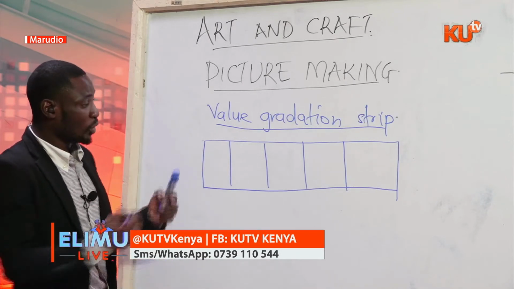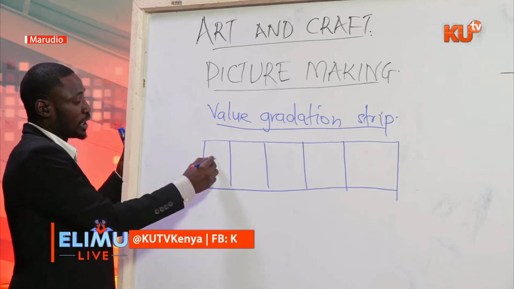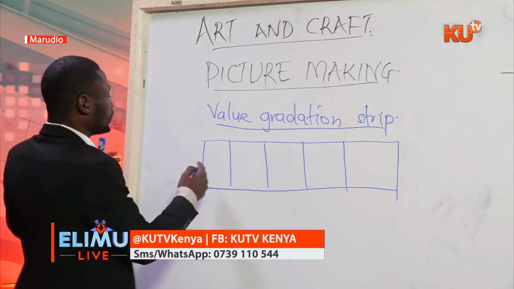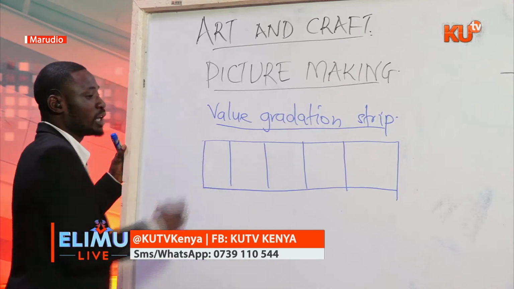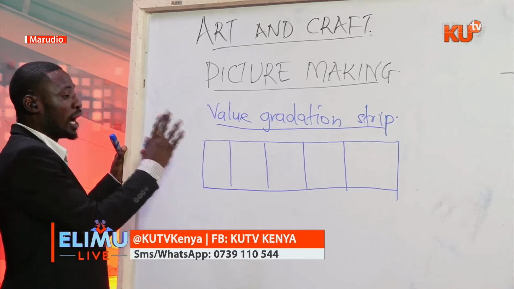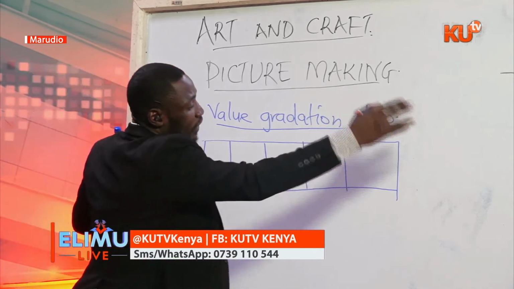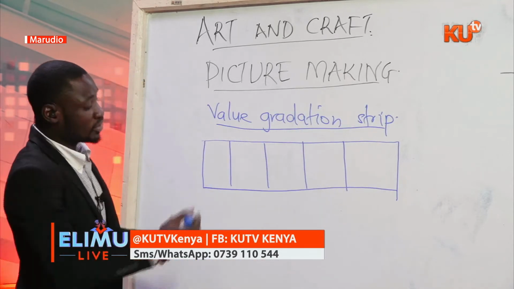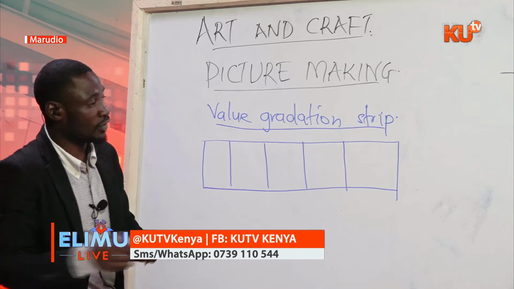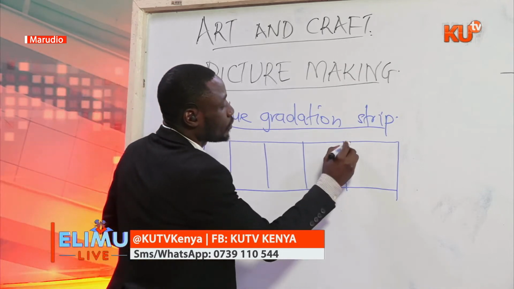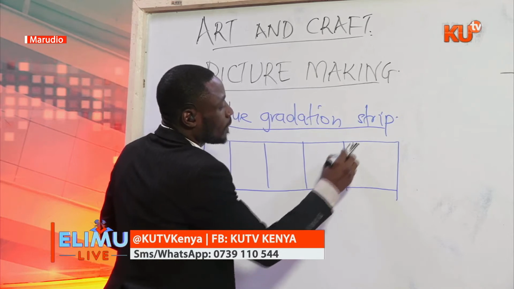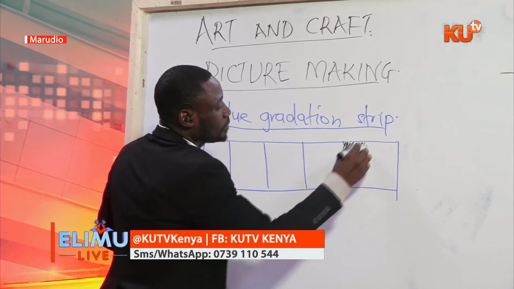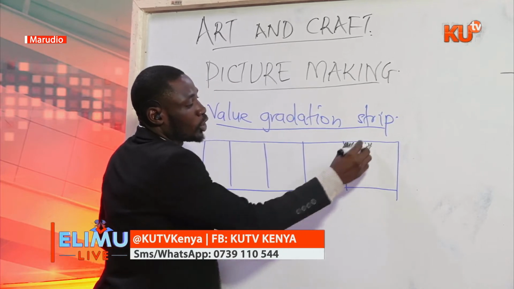So I've chosen this side, my left hand side, to appear lighter, and the other end will appear darkest. So I will start with the darkest strip. I hope you are all observing.